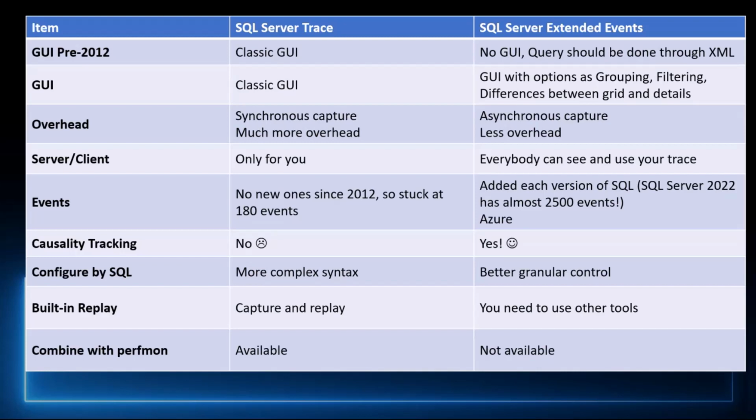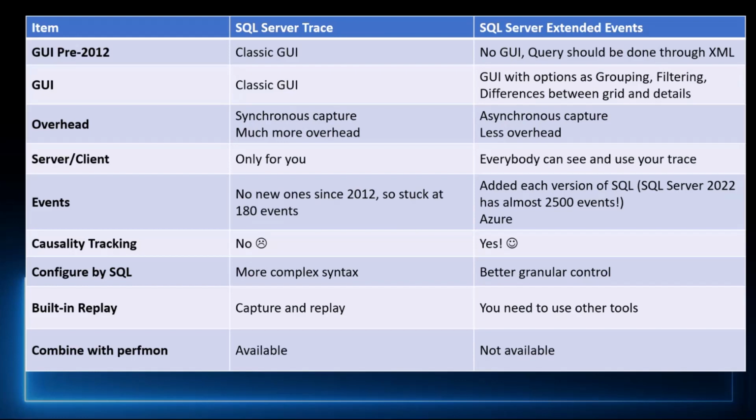Another very important thing is the overhead. SQL Server Trace was built outside of the SQL Server engine and had to hook in. Much more overhead was there when you needed to capture it. I had clients who had their production server down because, well, let's use our profiler trace on production, and they kept it on for too long, etc. So it was down.